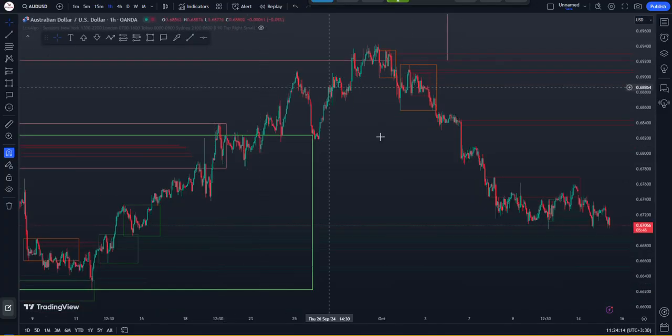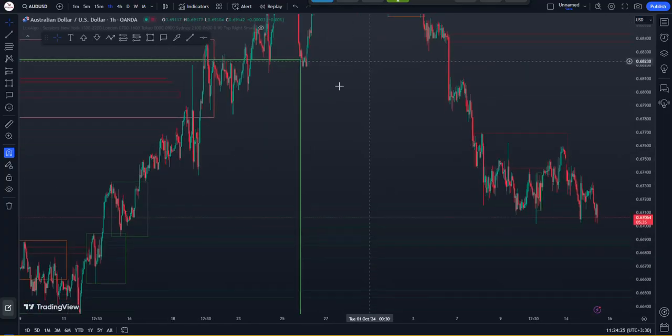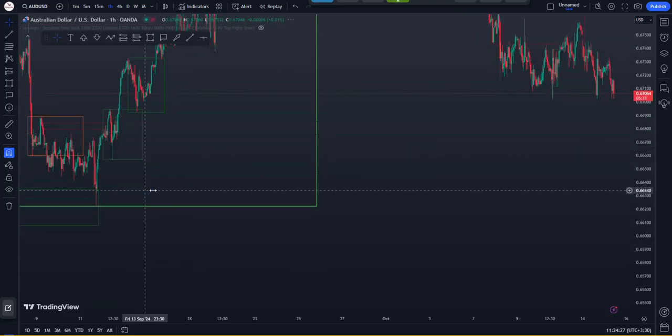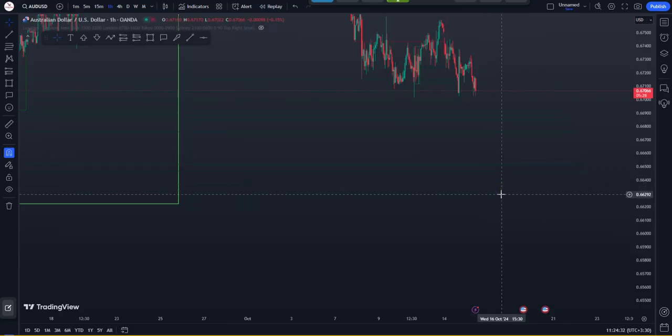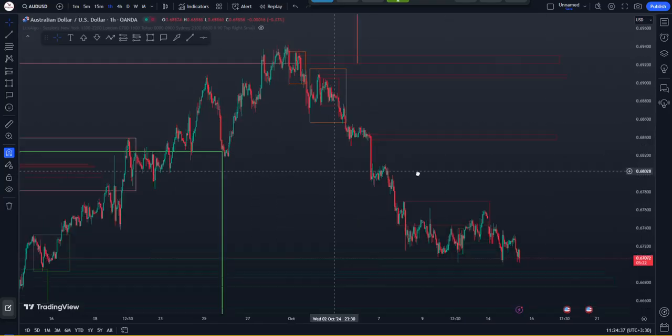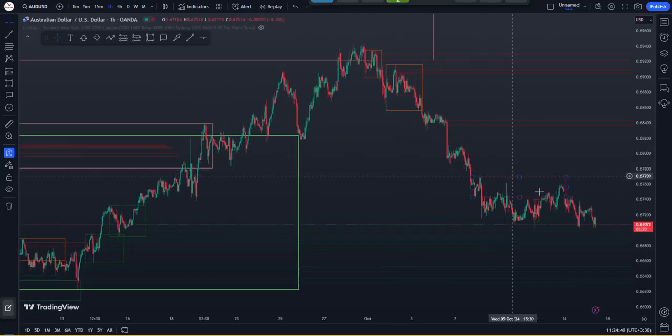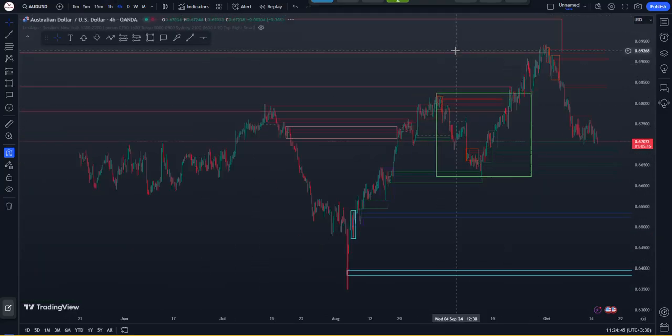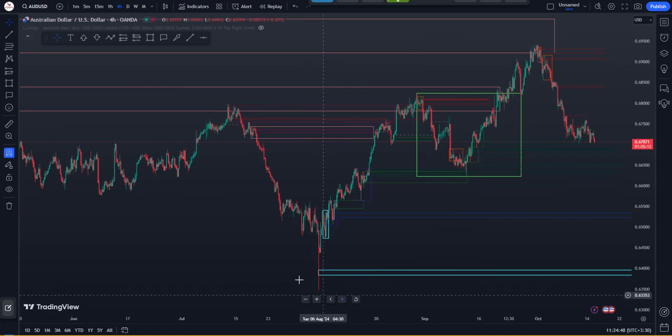Let's see in a higher scale. I have some things here for making price go high. There are some demand zones here, where long orders were executed, and for now price is going down from this level.